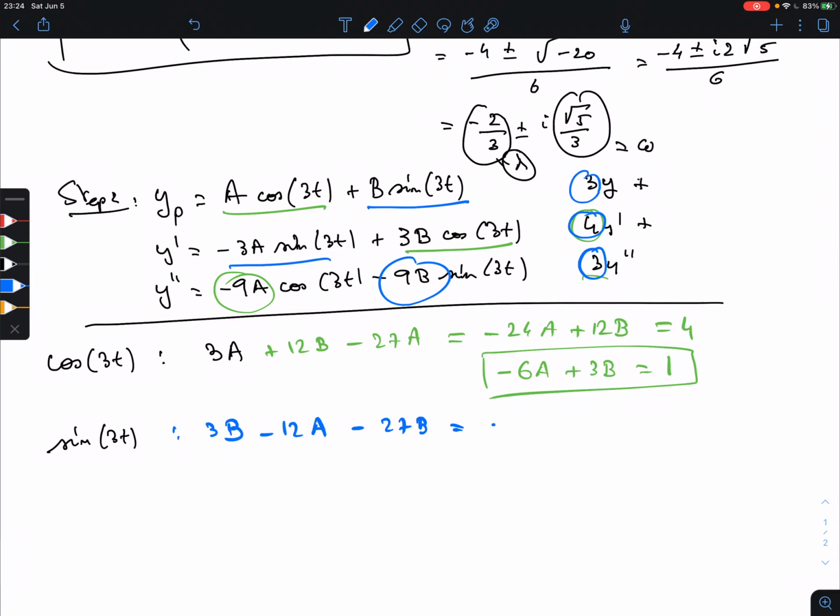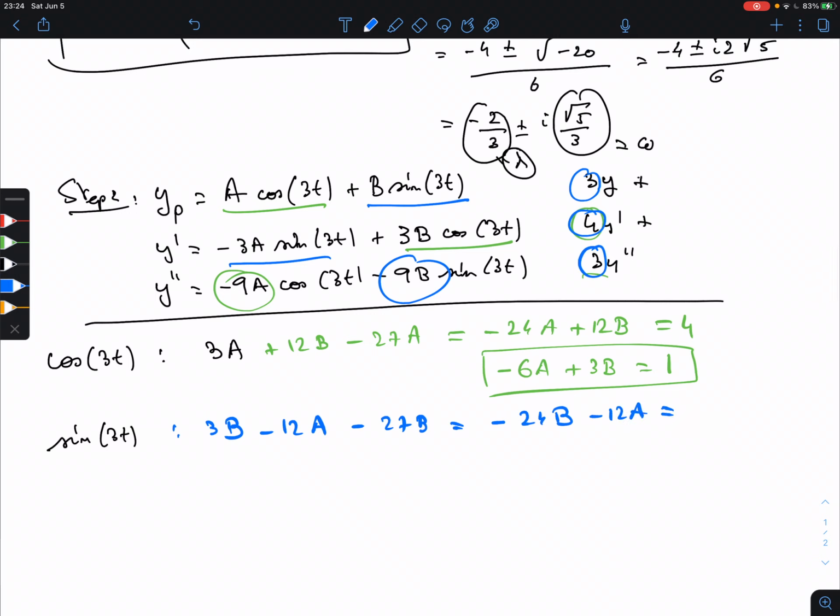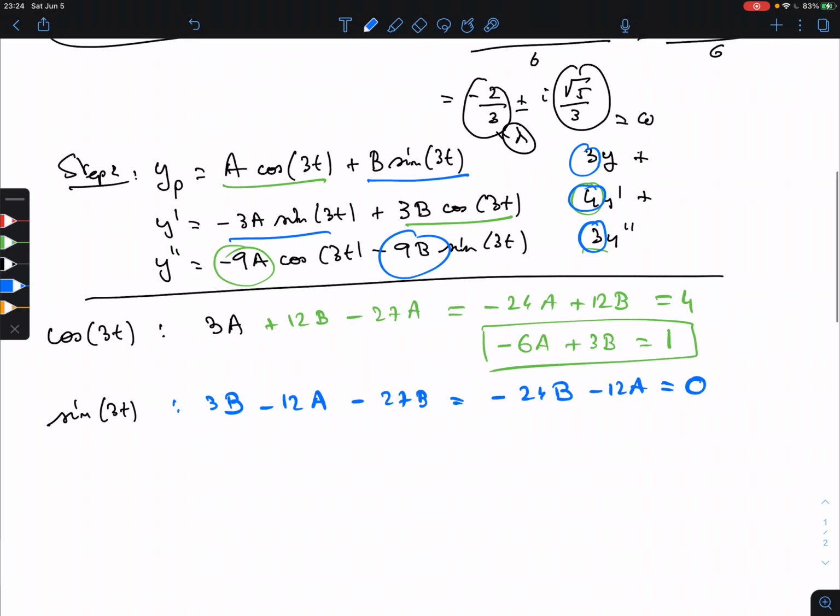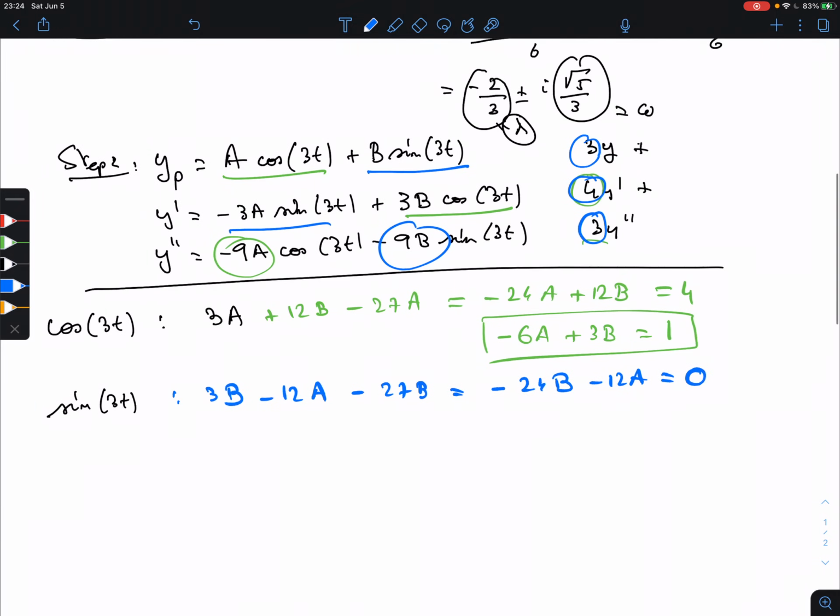That comes out to minus 24b minus 12a, and that is to be equal to 0, because there was no sine in the forcing function. Did I do everything correct? Minus 12. Yes, so here I can divide everything by minus 12, so I get 2b plus a is equal to 0.